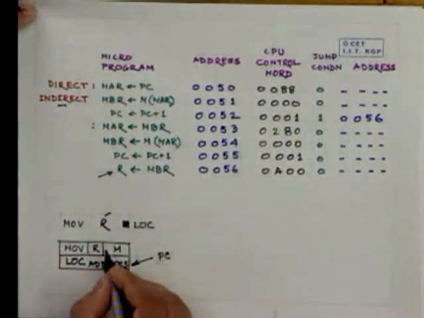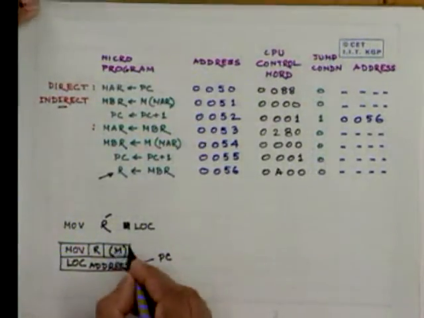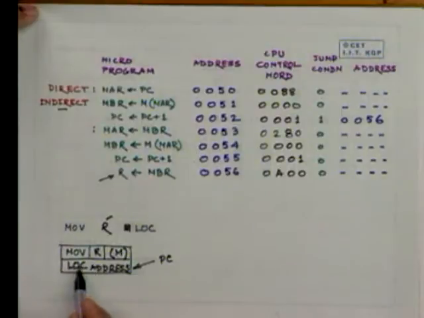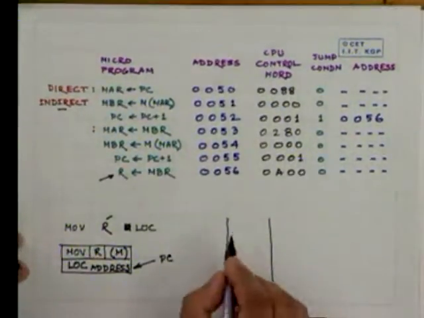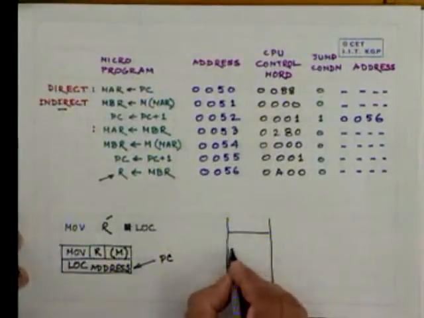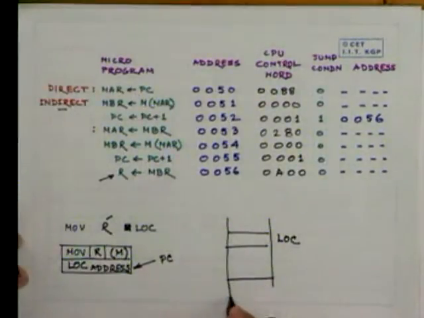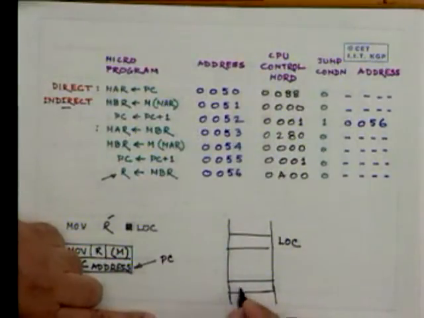That means we go to the content of the memory location pointed to by the content of the location address. Basically, the situation is somewhat like this, as we said, that's indirect addressing. Say this is our lock, and this in fact is our operand.